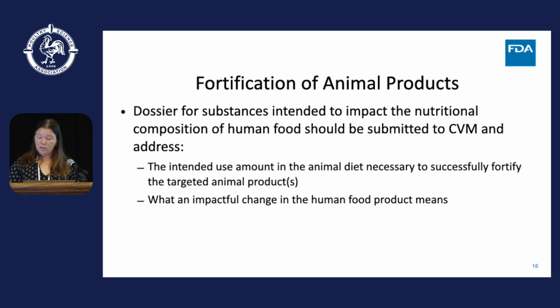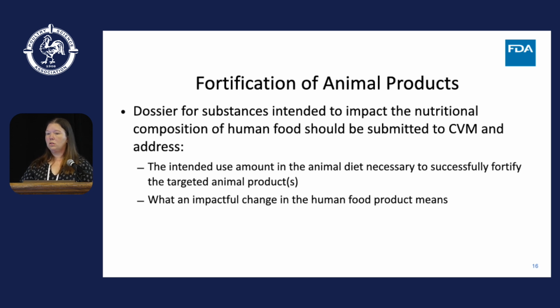As part of that, you're also going to address what the impactful change in the human food product means. Sometimes it may be a statistical difference, and that's easy enough to explain, but sometimes those statistical differences can be so small that yes, it is different, but it's not biologically relevant to the human.